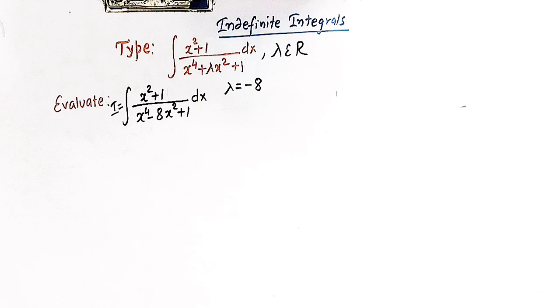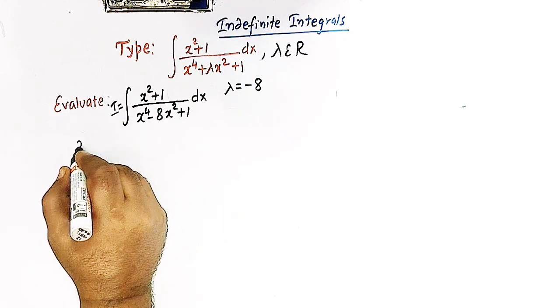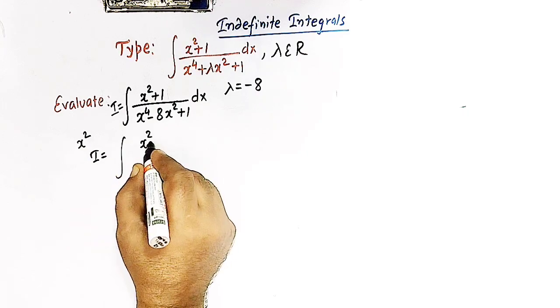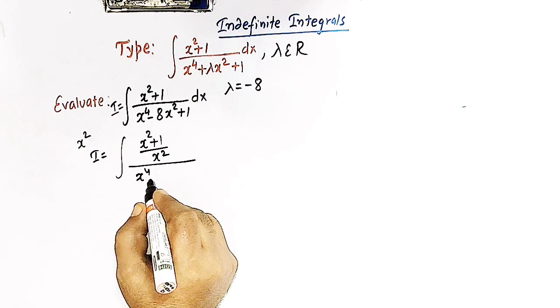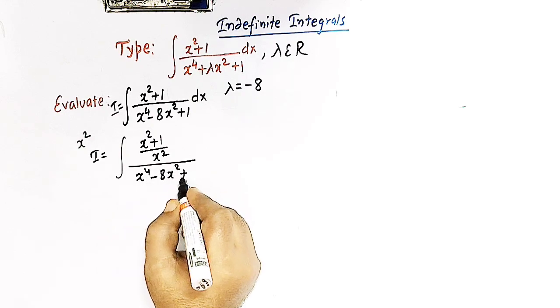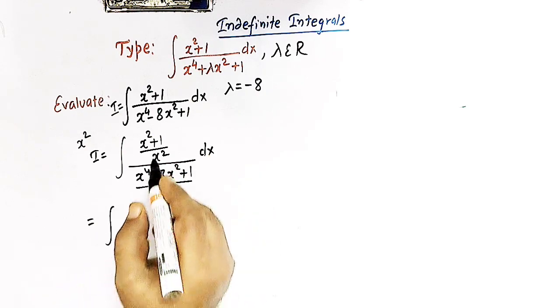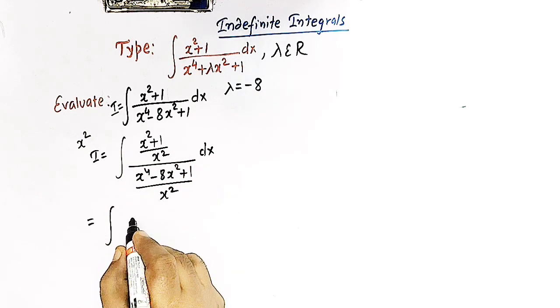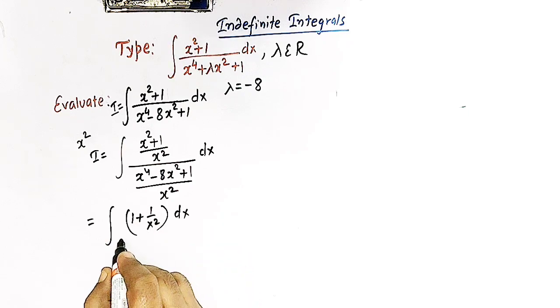Now the first step to solve these kinds of indefinite integrals is to divide the numerator and denominator by x square. So we have I is equal to (x square plus 1) divided by x square, and in the denominator (x raised to 4 minus 8x square plus 1) divided by x square, dx. The term (x square plus 1) over x square can be written as 1 plus 1 over x square, dx.